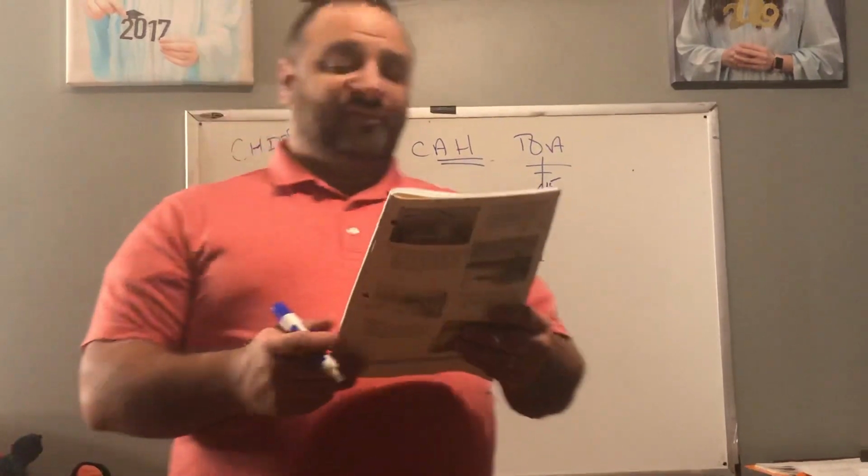A telephone pole 15 meters high is to be supported from its middle. Very important. And the support wire is to form an angle measuring 50 degrees with the ground. How long must the support wire be?